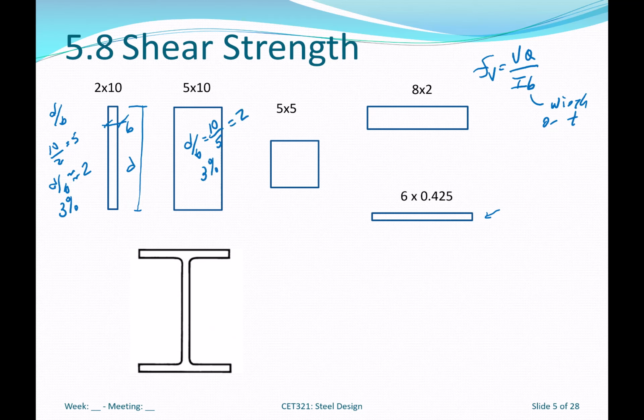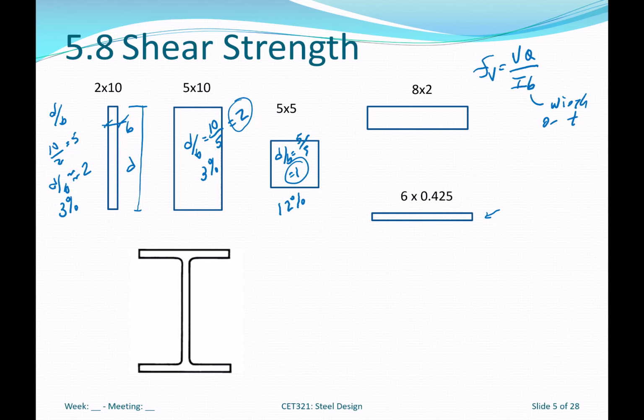This was the 3% error, so this would be less of an error. For this D over B, 5 over 5 was 1. That showed a 12% error. So as that ratio decreases, it went from 2 to 1, my error went up.